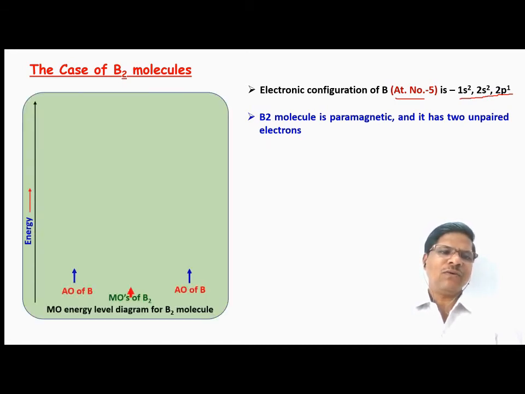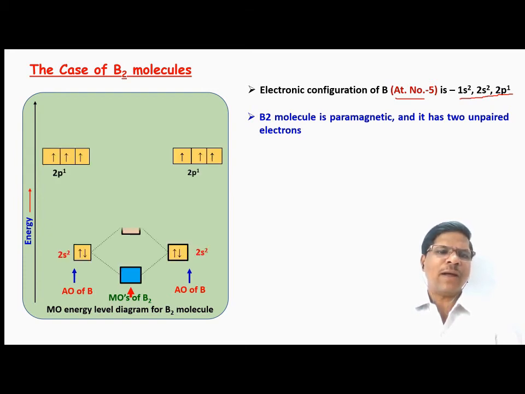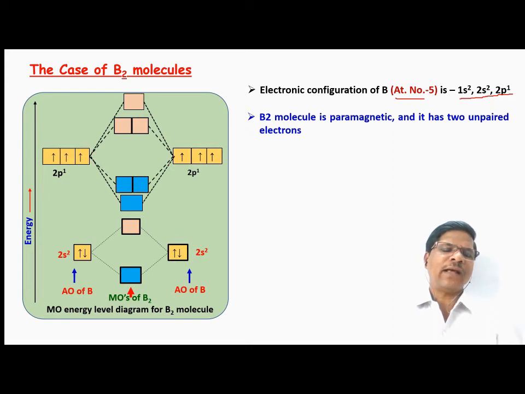Depending on this, we have to construct or modify the molecular orbital energy level diagram. Already we have seen the components of the diagram, and we will see what happens to the B2 molecule when it is constructed. The 2s atomic orbitals interact to form bonding and anti-bonding, and the 2p interact to form bonding and anti-bonding molecular orbitals.